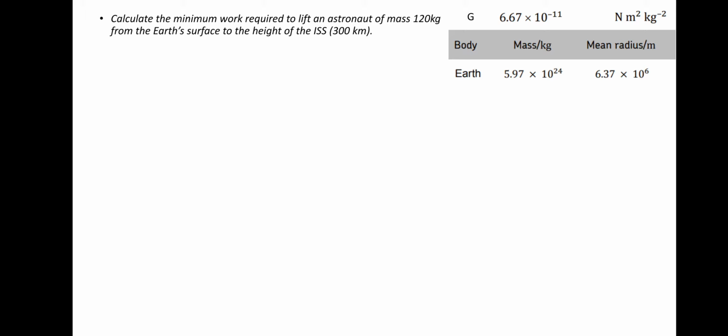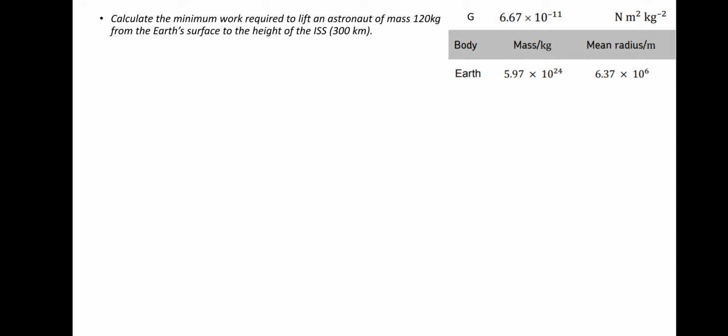So here's a question for you to have a go at. If you want to pause it, calculate the minimum work required to lift an astronaut of mass 120 kilos from the Earth's surface to the height of the International Space Station. So we want to do the work done is mass times change in potential, and we need to calculate the potential at the surface of the Earth and the potential at a height that's 300 kilometers above the surface of the Earth.